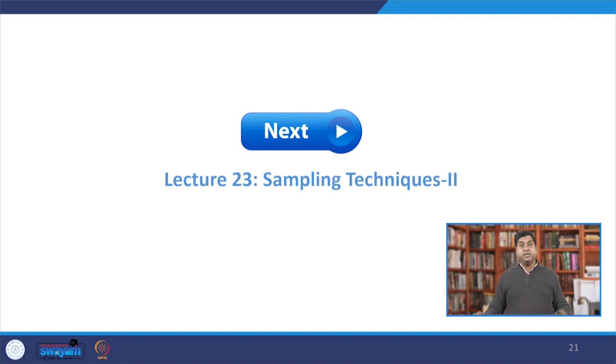So with that we conclude here, and we'll be discussing this in the next lecture, lecture number 23, which is sampling technique part 2, where we'll be discussing the importance of probabilistic sampling, the types of probabilistic sampling, and again the way we have done this pictorially with certain examples. I'll also bring some useful examples for those kinds of probabilistic sampling.